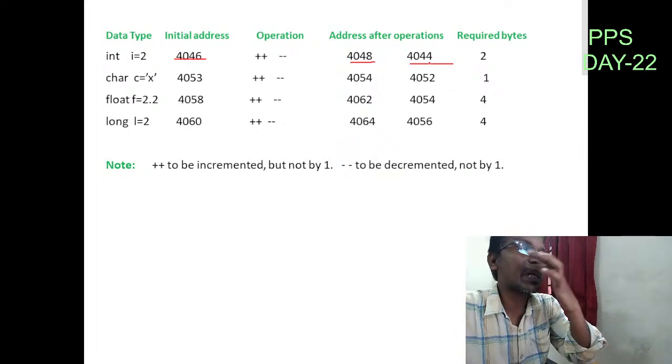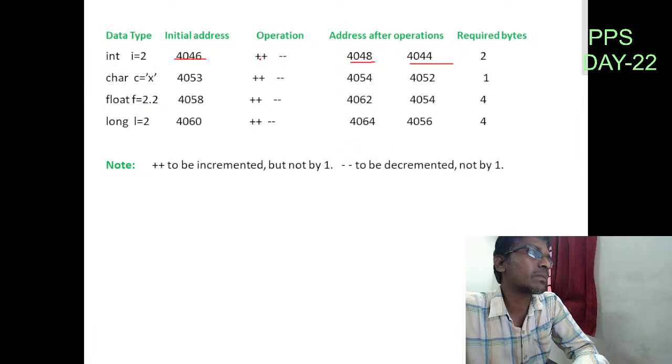I hope you understand what I am saying. If it is a plus plus operator, it will be incremented based on the data type, here by 2 bytes. And if it is a minus minus operator, it will be decremented from the initial address. Similarly for character, the initial address is 4053, and after applying plus plus the value will be 4054, and with decrement it will be decremented from the initial address to 4052.